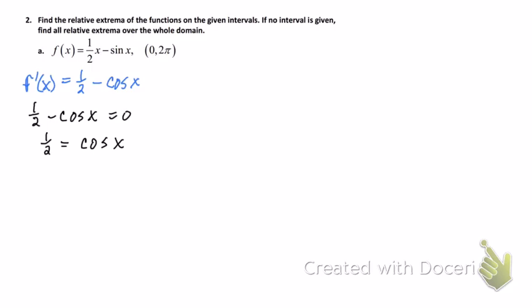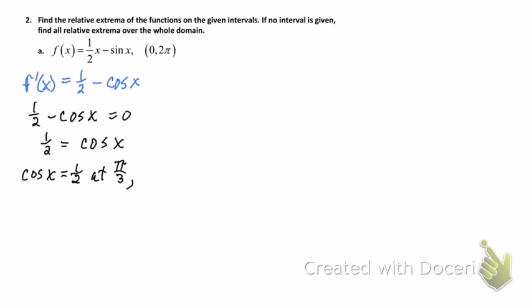So cosine equals 1/2 at pi over 3. How do I know that? Well, that left-hand trick. Cosine, where would it be 1/2? I put this finger down. Right? That's pi over 3, 60 degrees. So pi over 3, where else? Well, here's a trick.